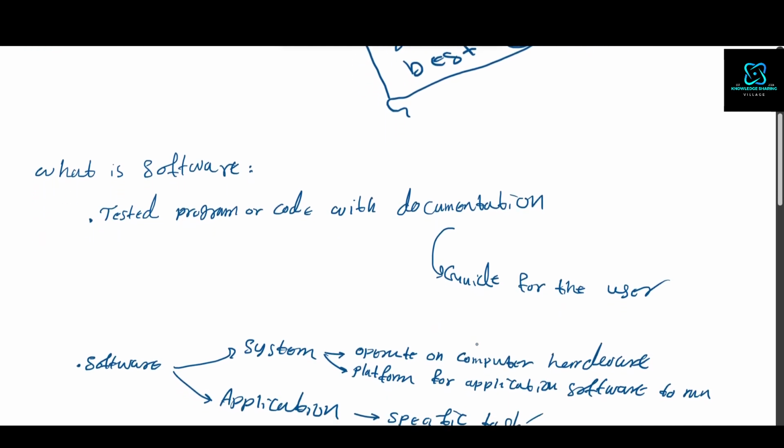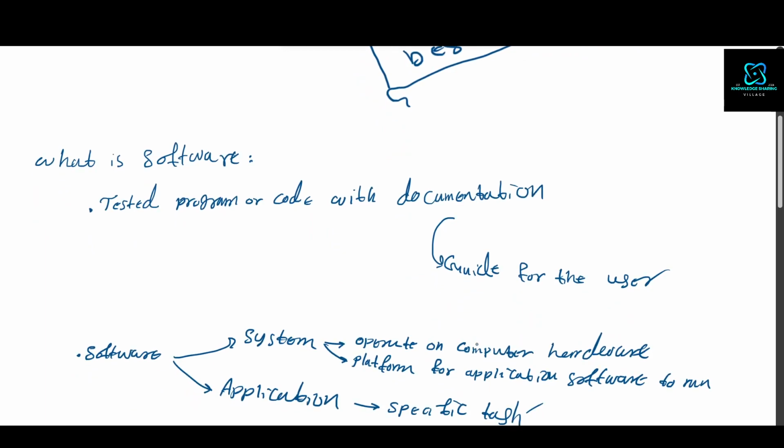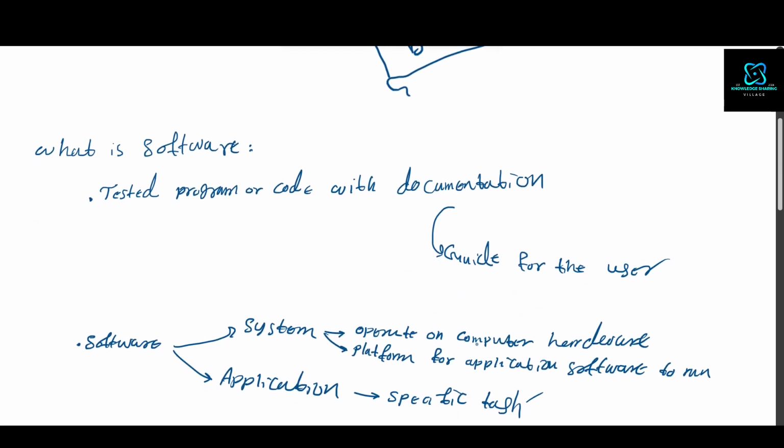And in general, there are two types of software. We have system software, which basically operates on computer hardware, and it provides a platform for the application software to run. Then we have application software.